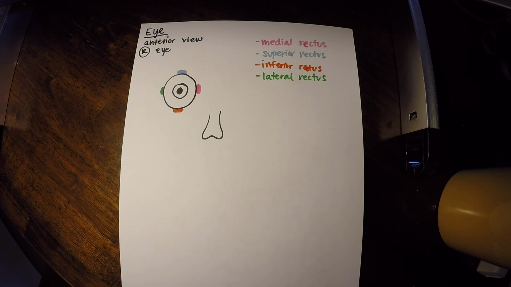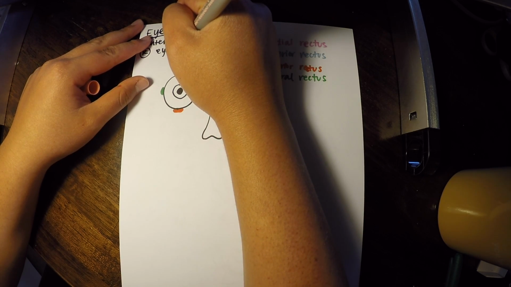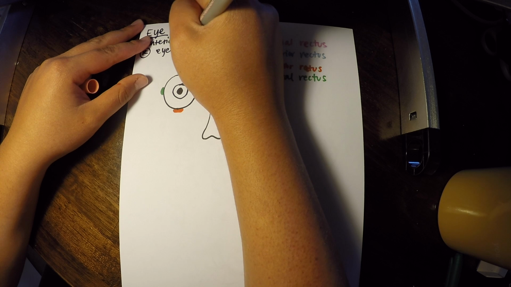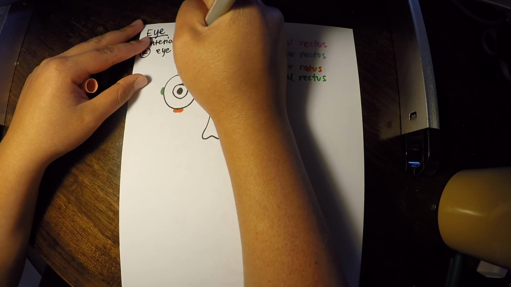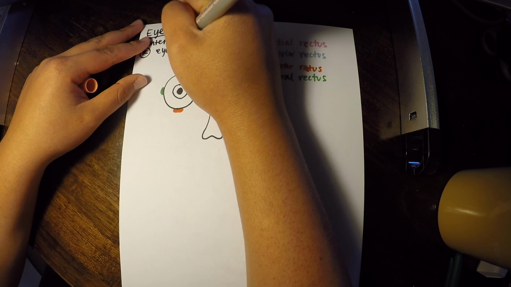Now we have one muscle up above, and that is called our levator palpebrae superioris. And that's further up here.